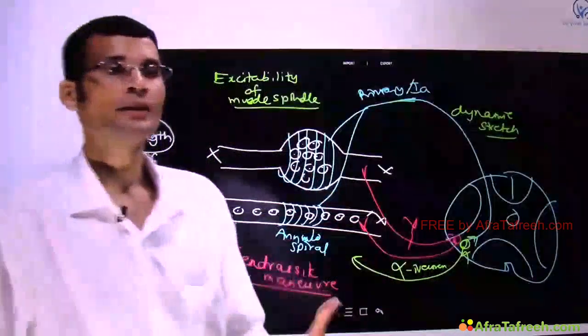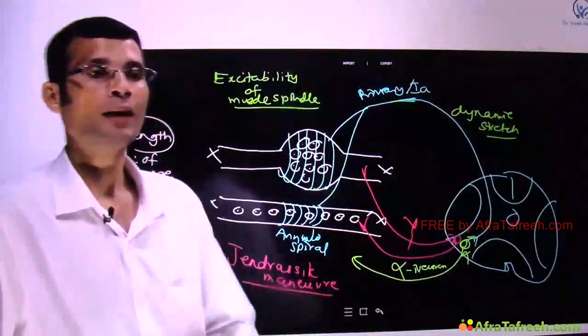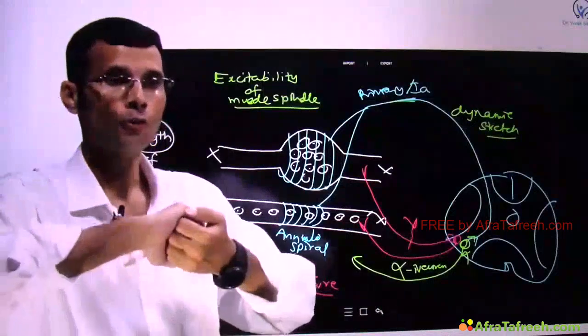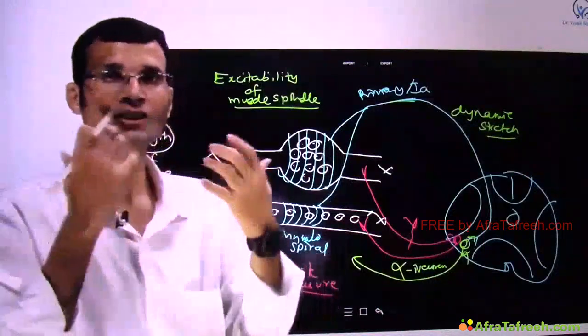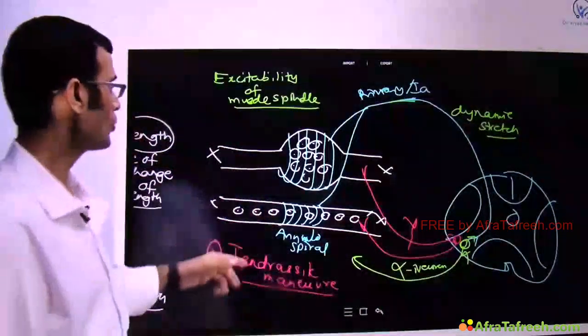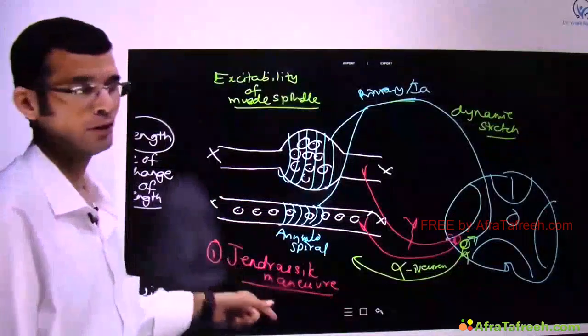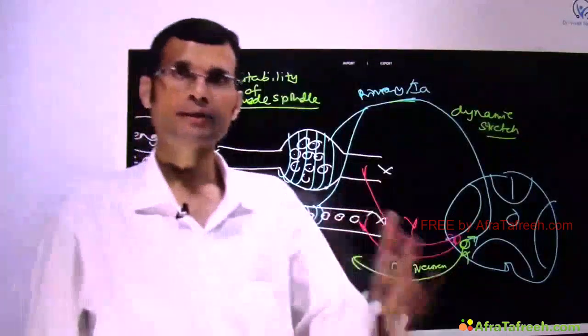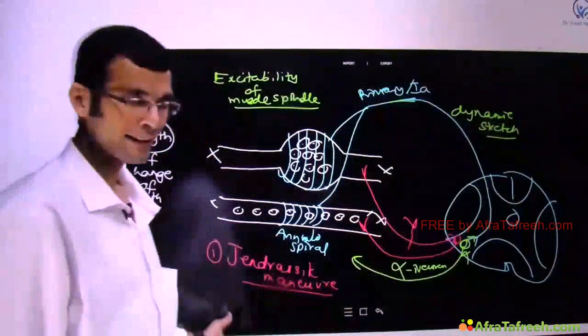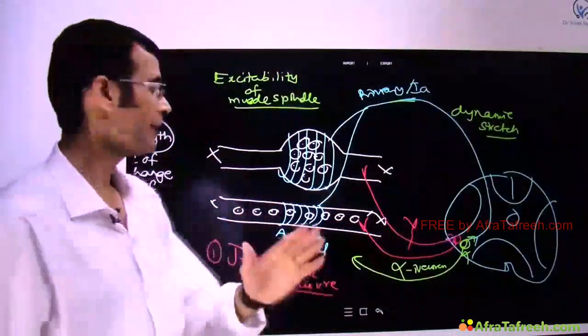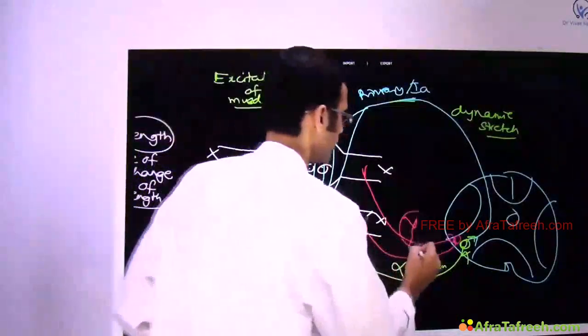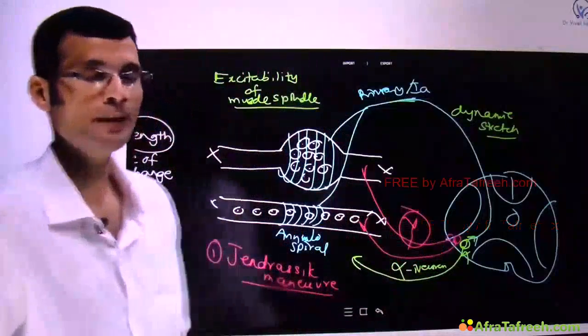When you don't get the knee jerk, sometimes you ask the patient for hooking of the fingers or clenching of the teeth. This is called Jendrassik's maneuver. What does it achieve? Jendrassik's maneuver increases the gamma motor neuron discharge to the muscle spindle.